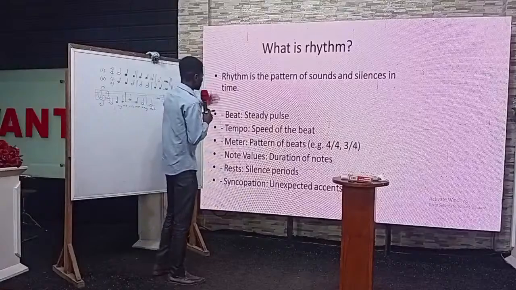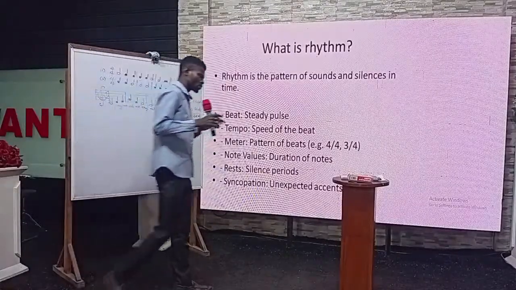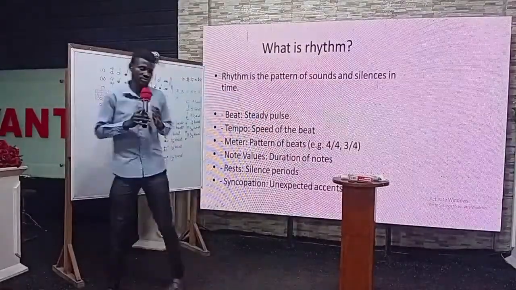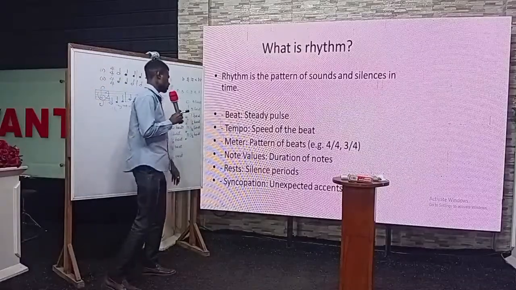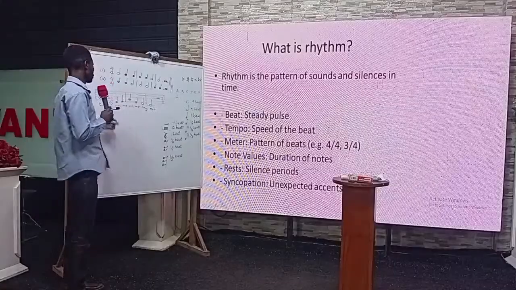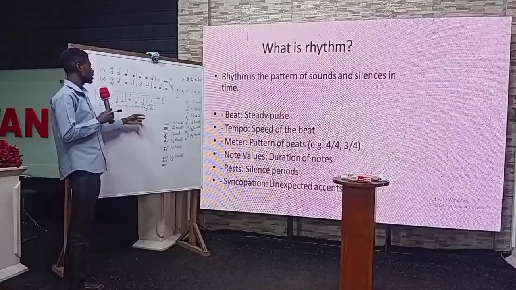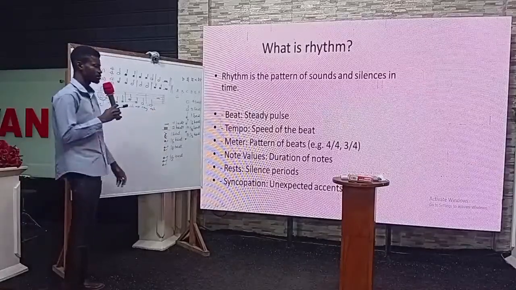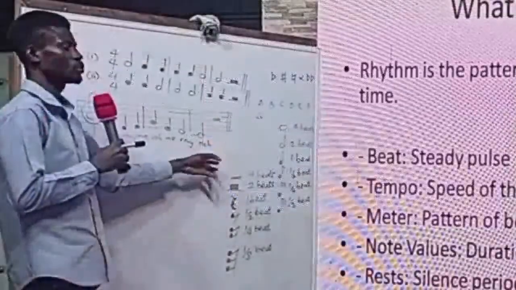So as far as rhythm is concerned, we have beats. We have the steady pulse. Now, I want to talk about a few things here. Tempo, I talked about the speed of the beat. For instance, the same rhythm produced here, do, re, mi, so, mi, re, do, I can make it faster, and it sounds do, re, mi, so, mi, re, do.